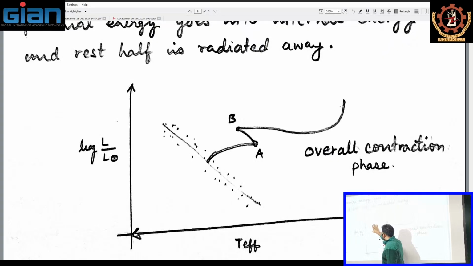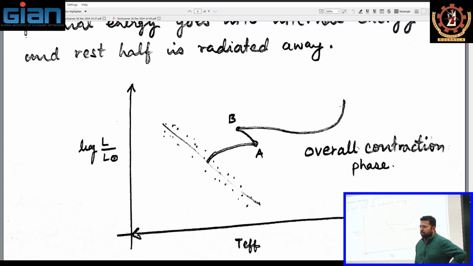So now you see what I am representing here in the HR diagram, the Hertzsprung-Russell diagram. We are representing the location of the so-called main sequence. What is the main sequence? Professor Glaser has already today given you a brief overview of stellar evolution, how stars evolve. When they have sufficient conditions after formation, they start burning hydrogen at the center.